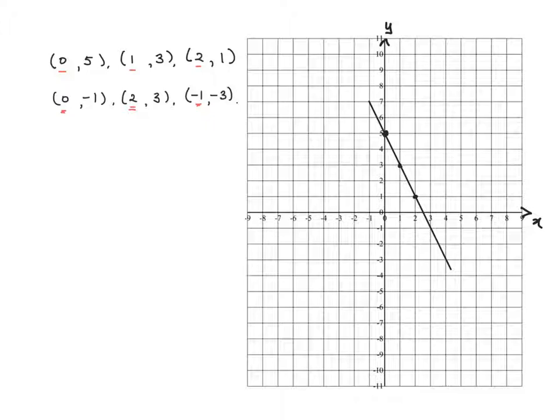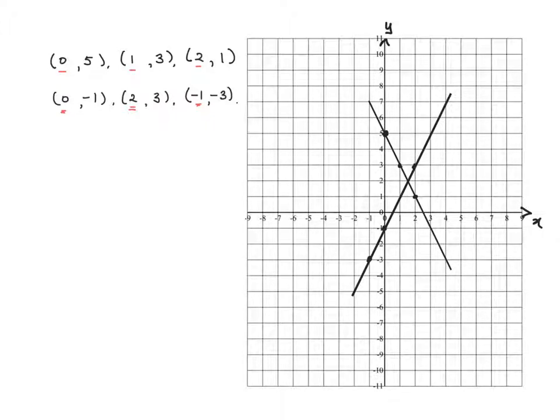So let's use the second set of points. 0, -1, 2 along 3 up, and -1, -3. If we draw a second line, it looks like that.